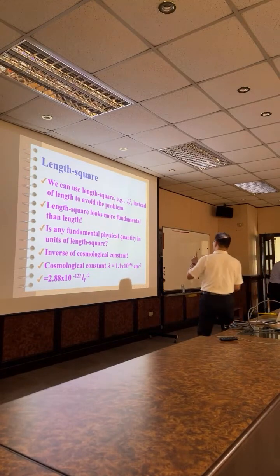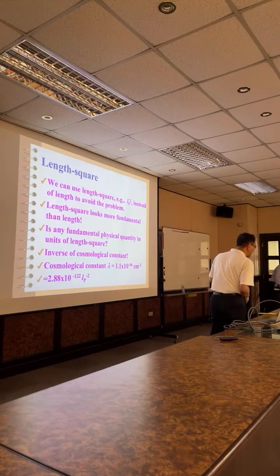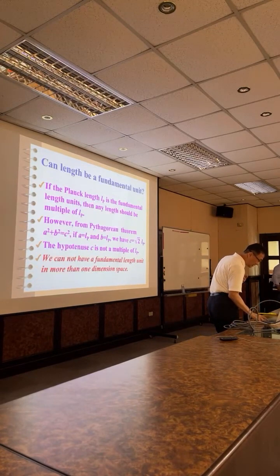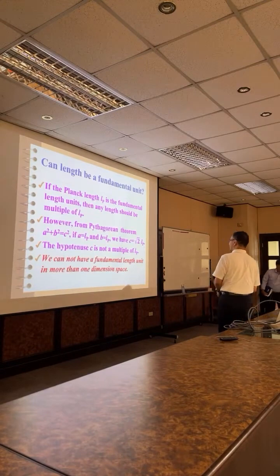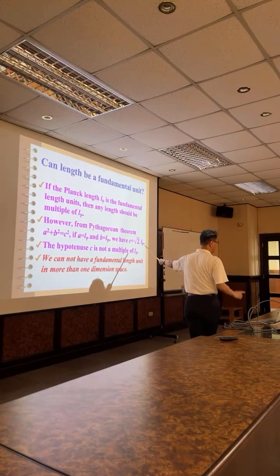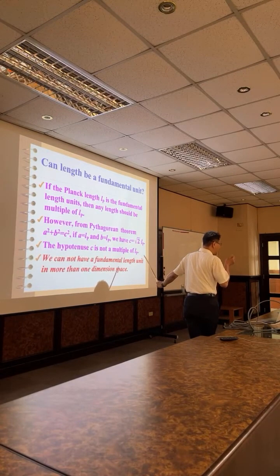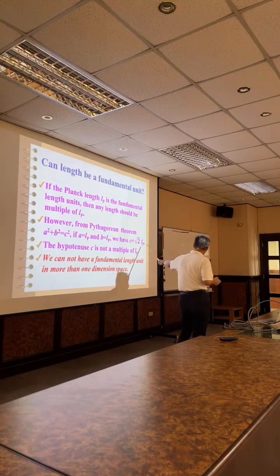But now, if we are in two dimensions, then we can have Pythagorean here. Yes, but it could be in three dimensions too. You still have that problem: a square root, so it cannot be a multiple of that. But it can be a multiple of length squared. It cannot be a multiple of length.